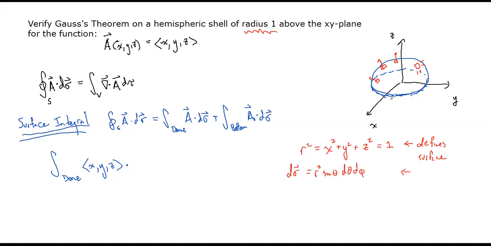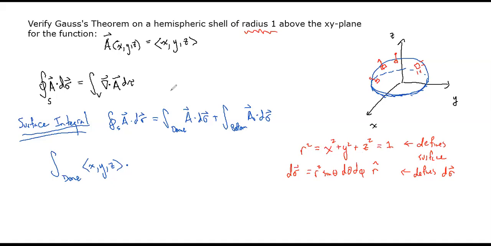In the radial direction? Yes, so we'll call this r hat. So this defines d sigma. Keep in the back of your mind that r equals 1, r squared equals 1, and r squared equals x squared plus y squared plus z squared defines the surface.